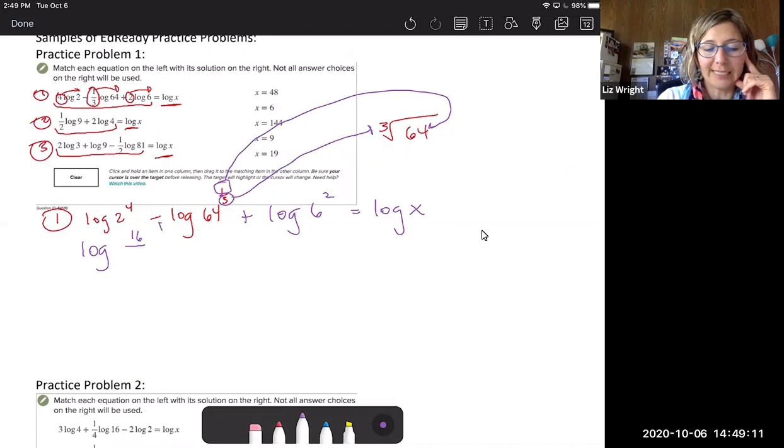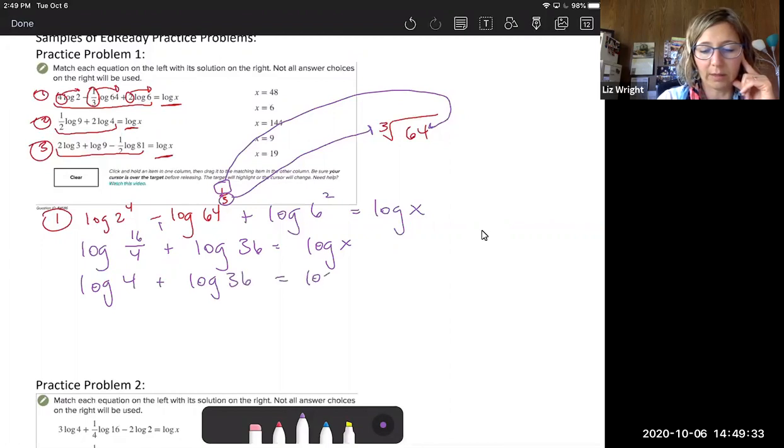So it's going to be 16 divided by our cubed root of 64, which should be 4. And then I'm going to put plus log of 36 equals log of x. So then I'm going to get log of 4 plus log of 36 equals log of x.